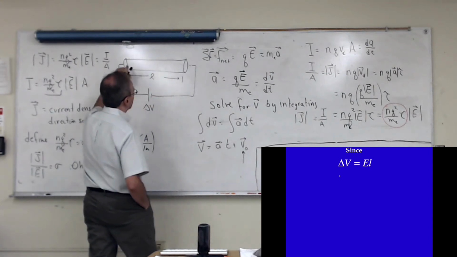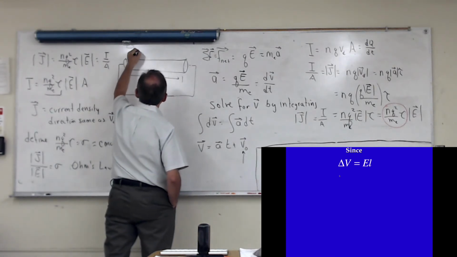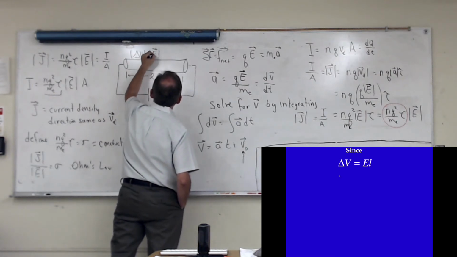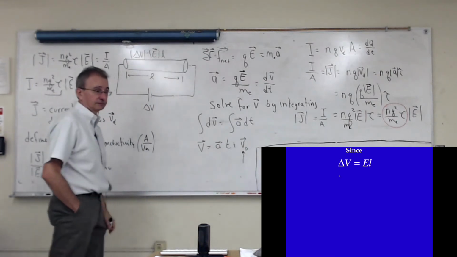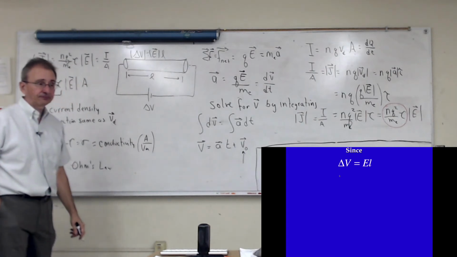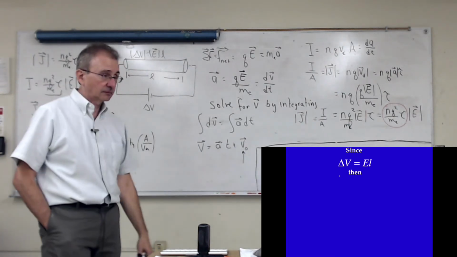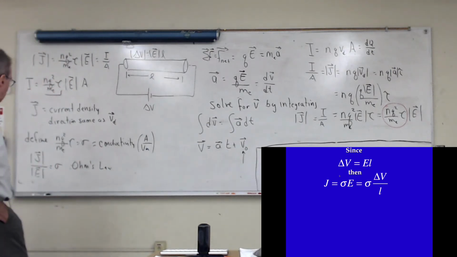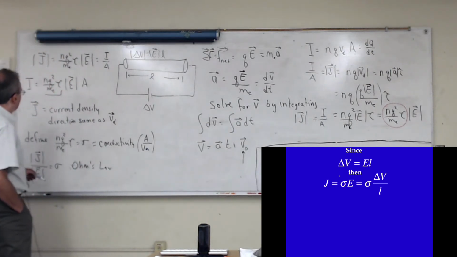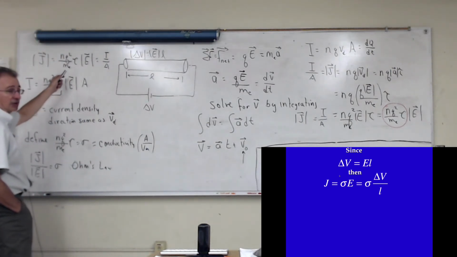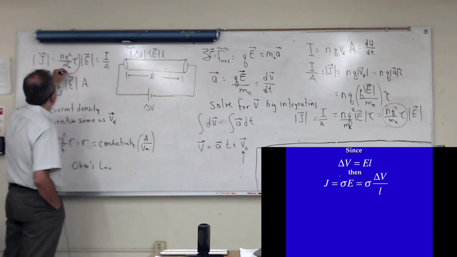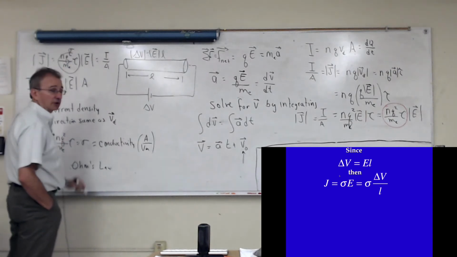Since E is constant along this wire, then delta V, its magnitude, is equal to the electric field times L. Then J, this J, is going to be the conductivity, this is sigma, remember, times delta V over L.